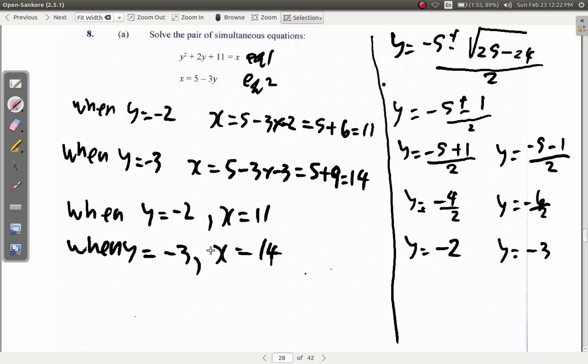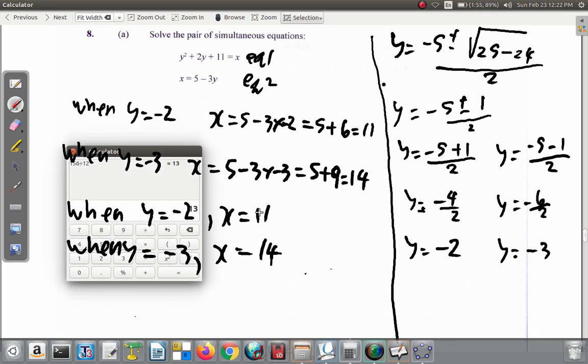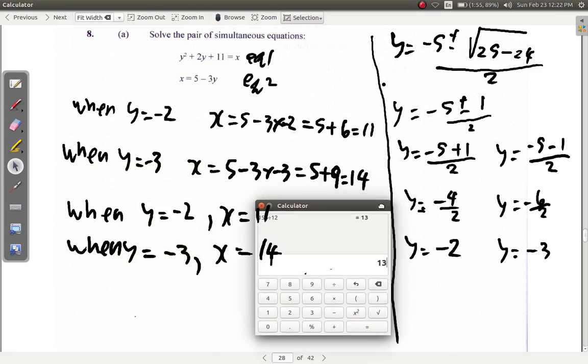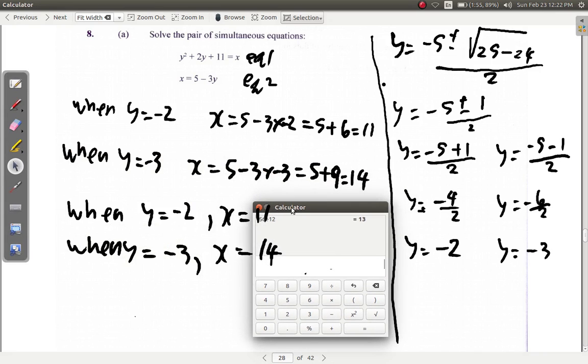Alright? Now we could test these solutions and see if they work out. When y is negative 2, negative 2 squared is 4, plus 2 times negative 2 is minus 4, so 4 minus 4, plus 11 is equal to 11. x is 11.